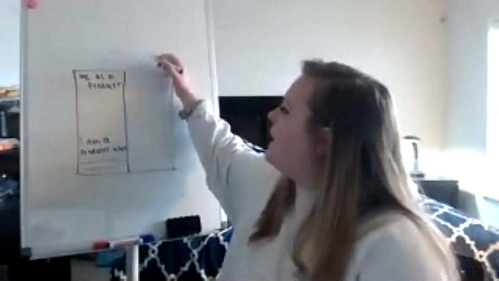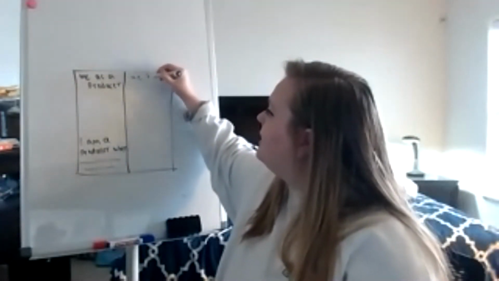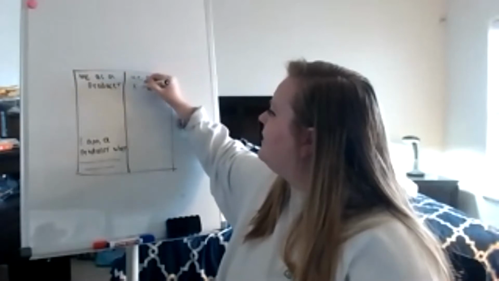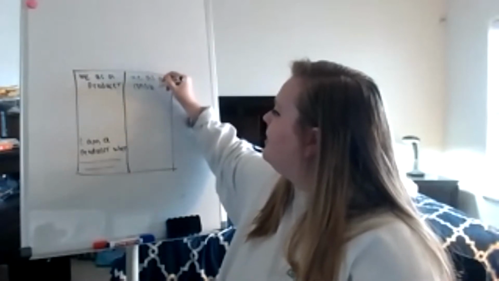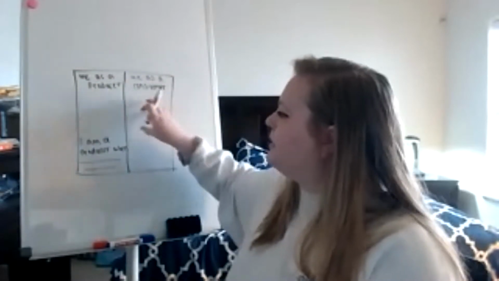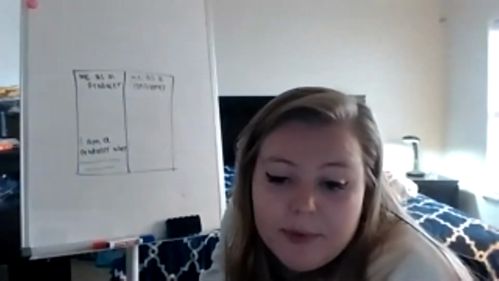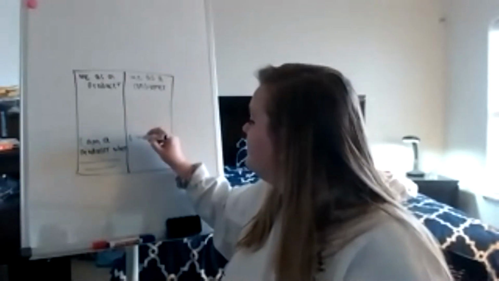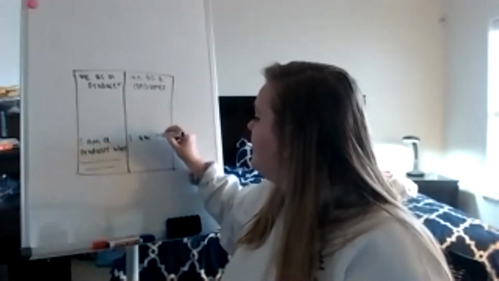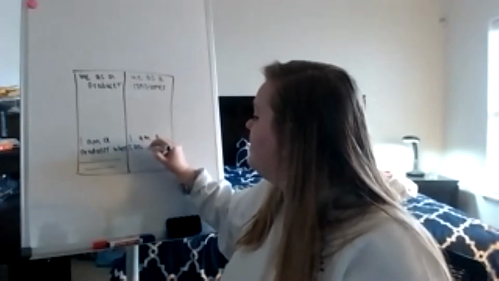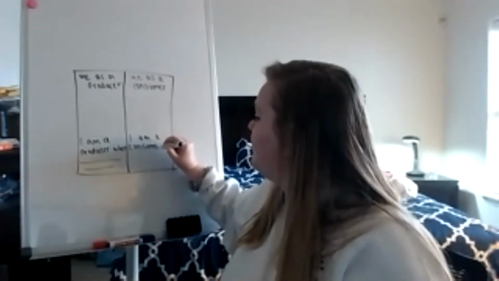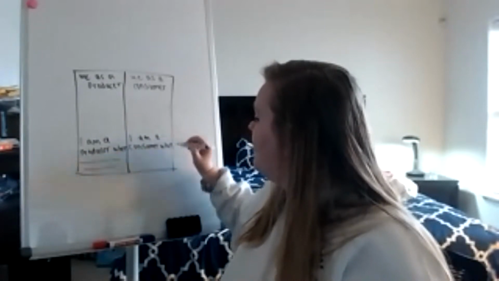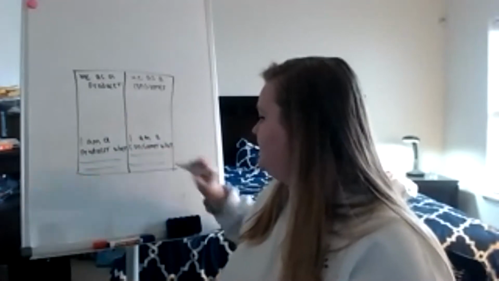On the other side, me as a consumer. You're going to draw a picture of yourself being a consumer. And then you're going to fill in this sentence. I am a consumer when.